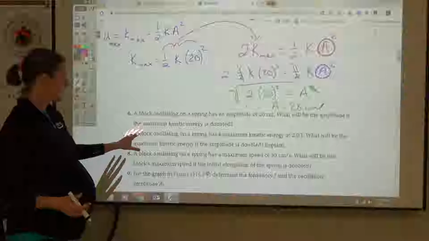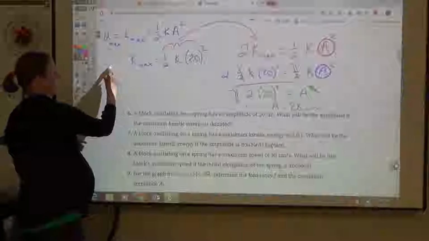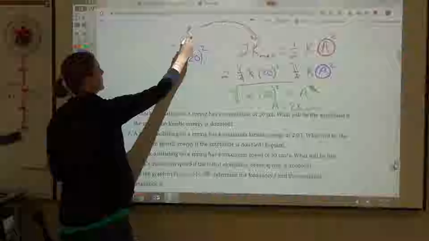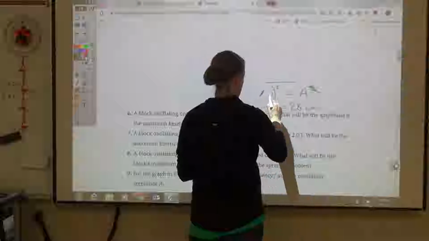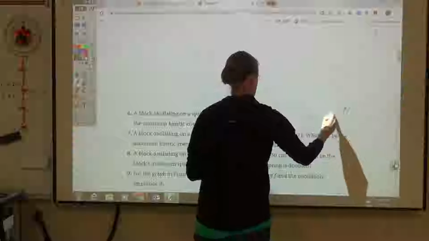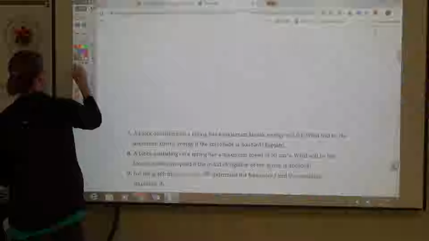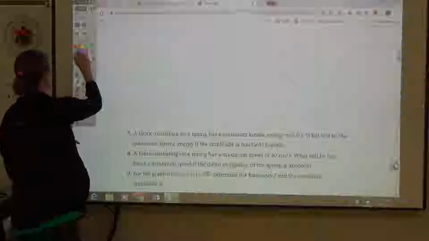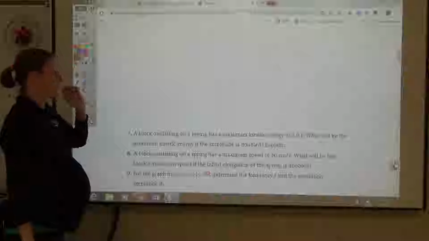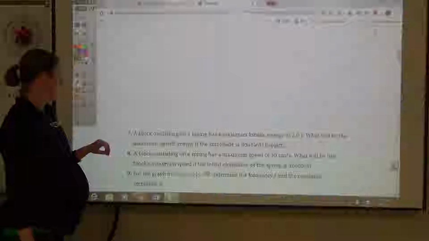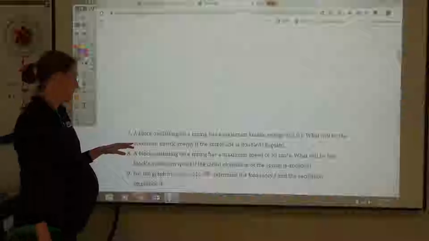Number 7, similar but a little different approach. It says a block oscillating on a spring has a maximum kinetic energy of 2 joules. What will be the maximum kinetic energy if the amplitude is doubled?